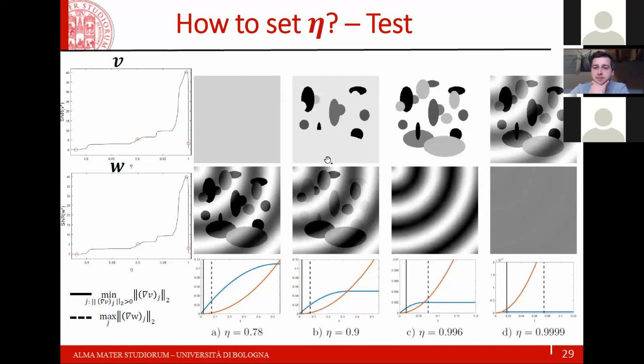And above here, you can see the two components V and W, and how an image can be separated in this case.